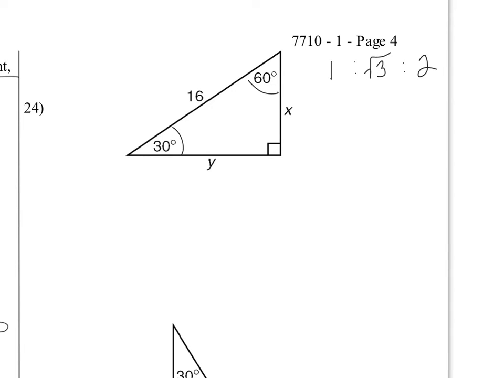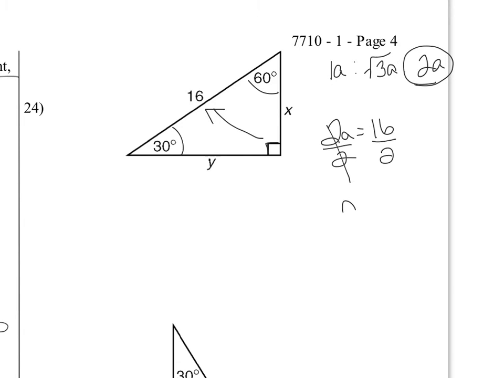So we just put x. Oh, well, I guess I shouldn't put x's on there. Hold on. No one likes the x's, so let's put a's. Okay. So we know that the side opposite the right angle is 16, so that's this one. So 2a equals 16. So we just figure out what a is.